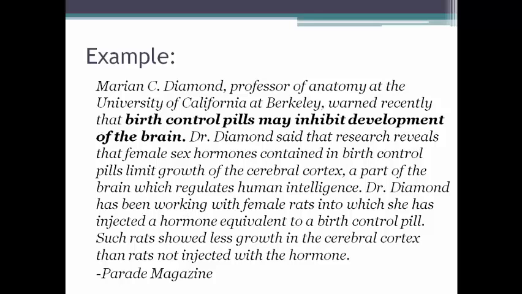If you're trying to figure out where the conclusion is, a good indicator here is that this is the claim being made by the individual we're talking about. We're talking about Marion Diamond, this professor, and her warning is this. The thing that she's warning about is the upshot of what follows. So here we've got our conclusion: birth control pills may inhibit development of the brain.